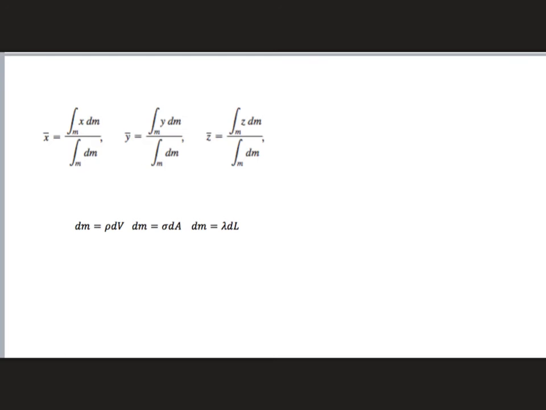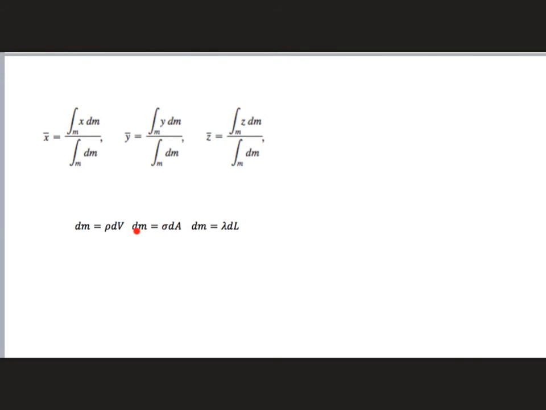And typically we do it like this. If we have rho being the volume mass density of an object, the little mass piece is going to be the volume mass density, or the mass per unit volume, that's what rho stands for, mass over volume, times dV. That's the volume of our little piece of mass. And so if I've got an area, the dm is sigma, which is the mass per unit area, times the area dA.